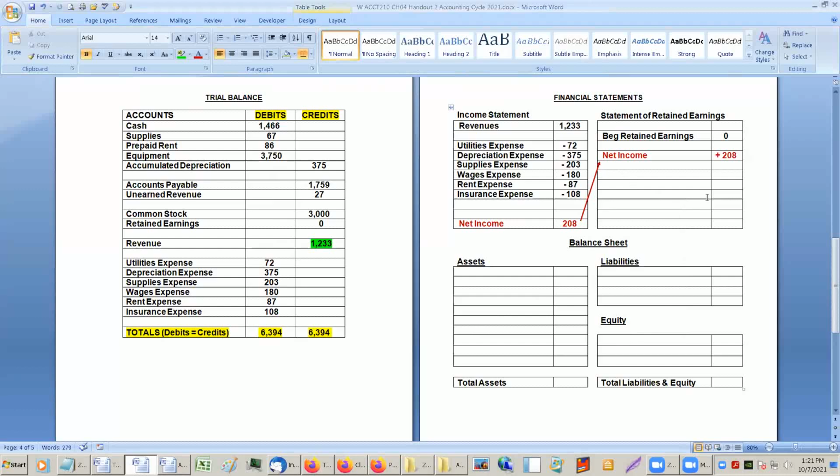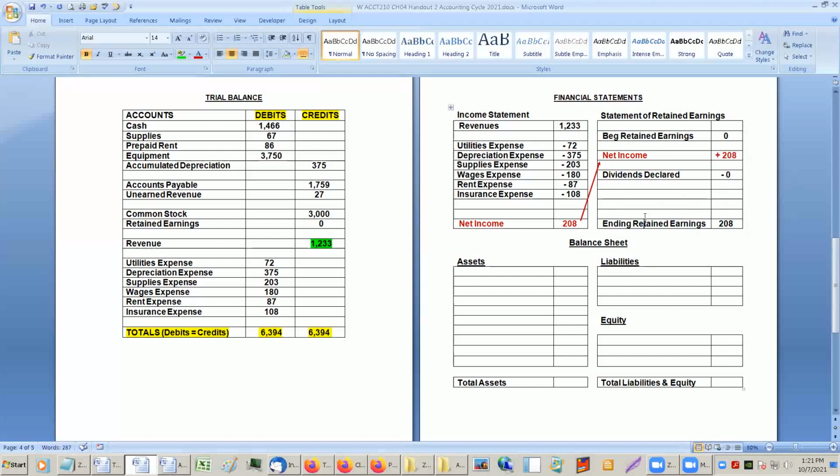We didn't have any. If we did, we put them in there. Those would be minus. We don't have any. So this will be our ending retained earnings. It would just be the 208. It made 208 of income.